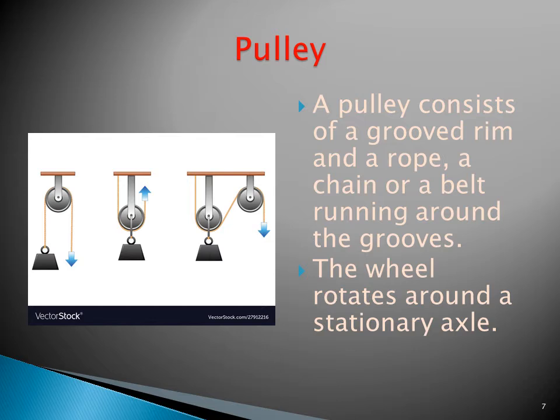When the wheel rotates, the cord can move in either of the directions. By attaching a hook to the cord, the wheel's rotation can be used to raise or lower objects, making work easier. A pulley can be of two types, fixed and movable.